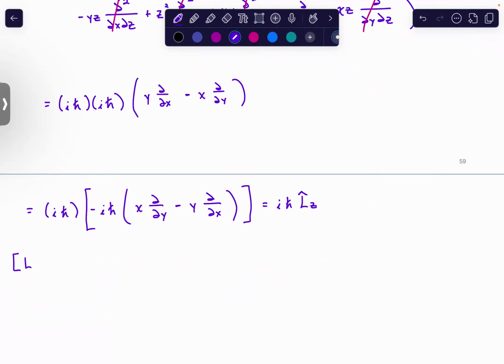So let's look at our commutator again. So first off, Lx and Ly working together are not well behaved.